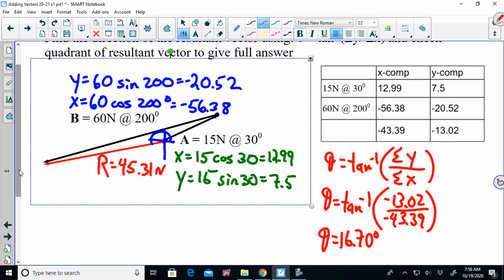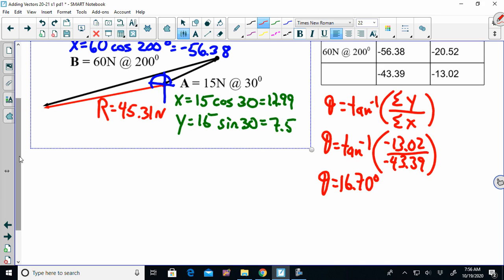So negative x, negative y puts me in the third quadrant, which means the angle has to be between 180 and 270. So the calculator is telling me it's 16.7 degrees into the third quadrant.